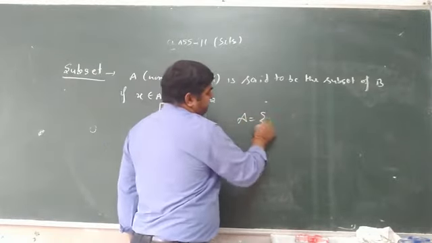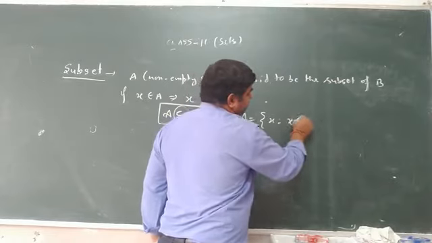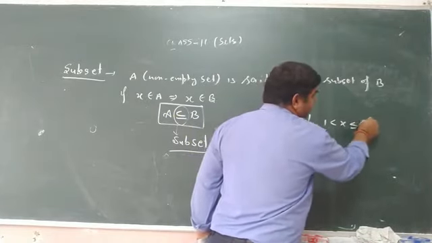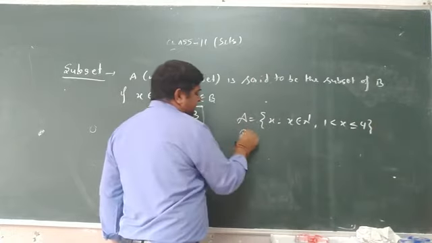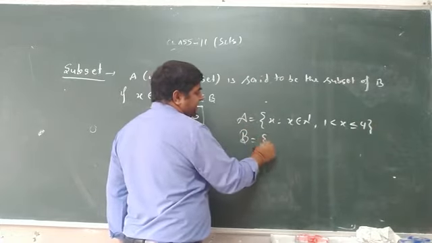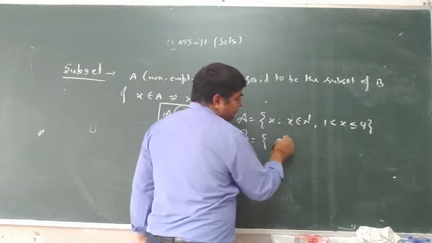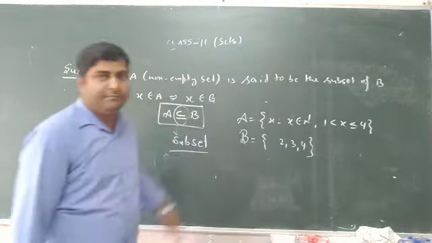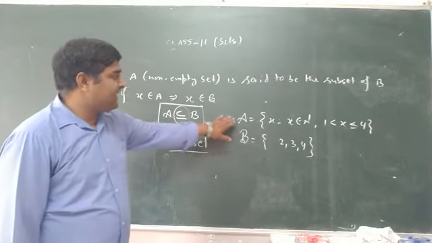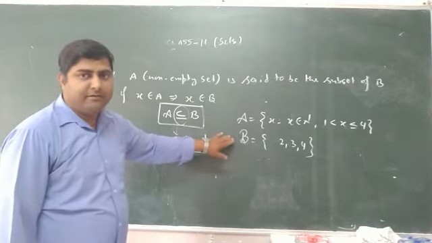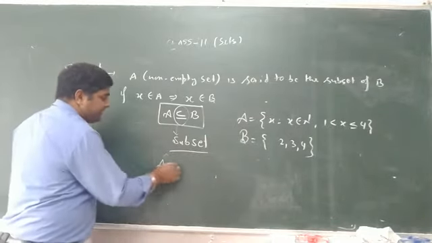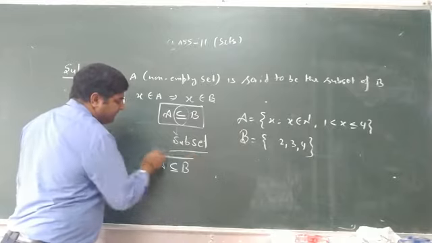A = {x : x belongs to natural numbers and 1 < x ≤ 4}, and we consider another set B, that is {2, 3, 4}. You can see here all the members of set A are present in B. So we say A is a subset of B.